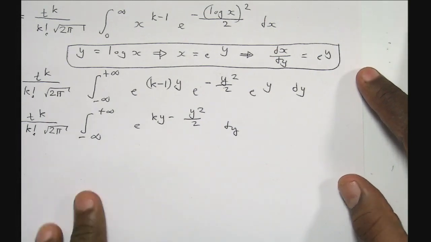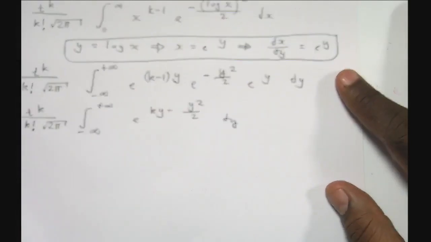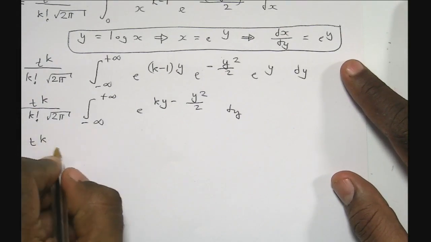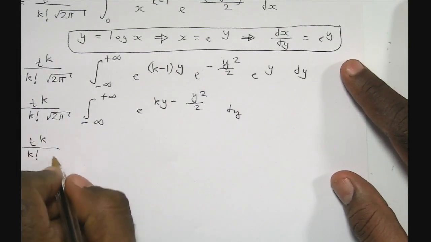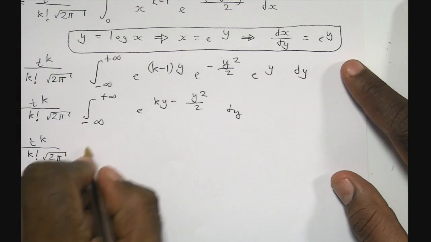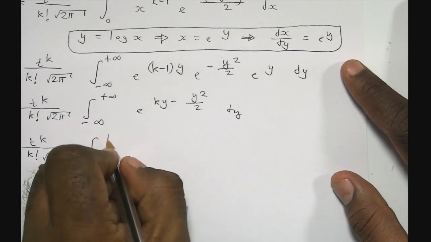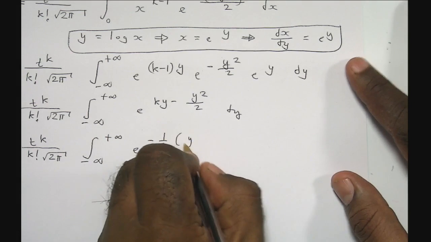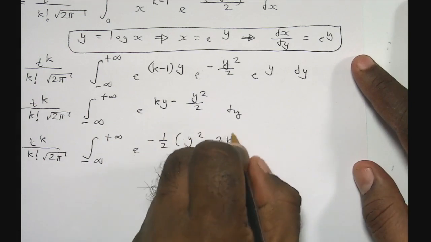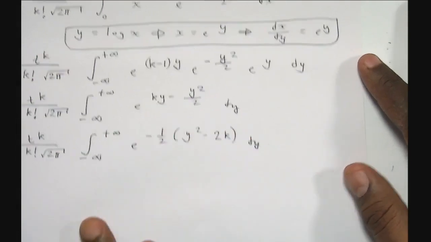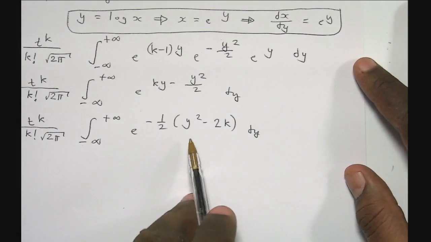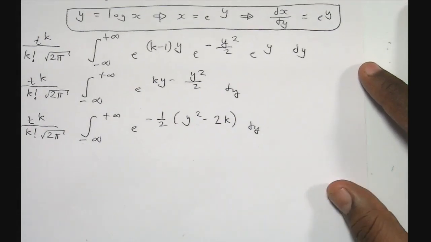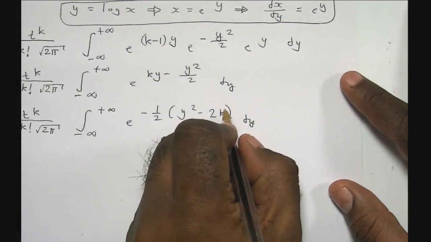You should be familiar with this kind of integrals. So what I'm going to do is take out a minus a half, so inside the brackets you have y squared minus 2ky.